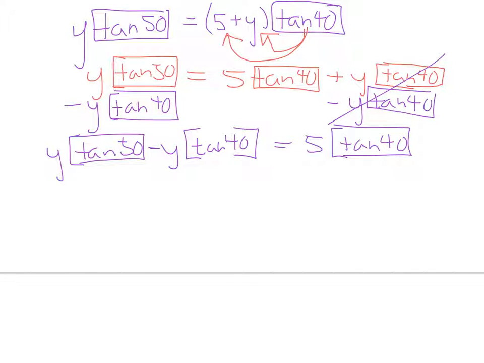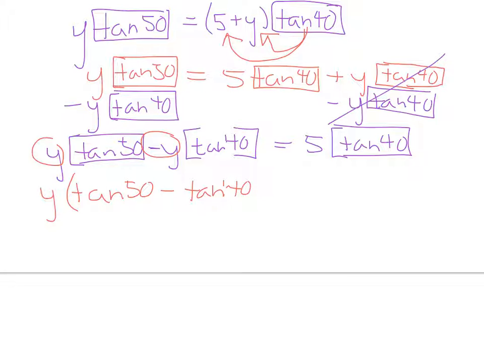And if we think again about wanting to solve for y, that variable, we have a like term in both of these problems. So we would like to factor that out. So we could factor out a y, and on the inside we're left with tangent of 50 minus tangent of 40.